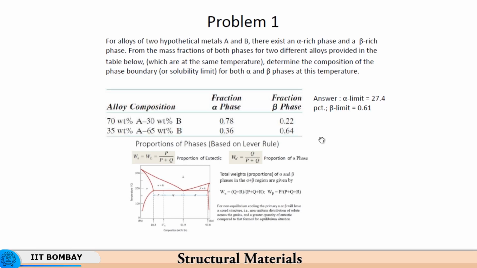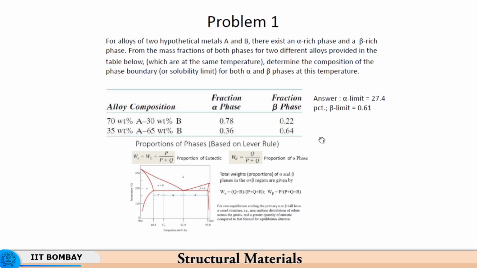So, you have a definition of P based on the chemical composition that is given, that is 30% minus the alpha limit, and here this Q plus R is essentially this P plus Q plus R, okay, or maybe yeah. So, this is P plus Q plus R minus this C dash 4.